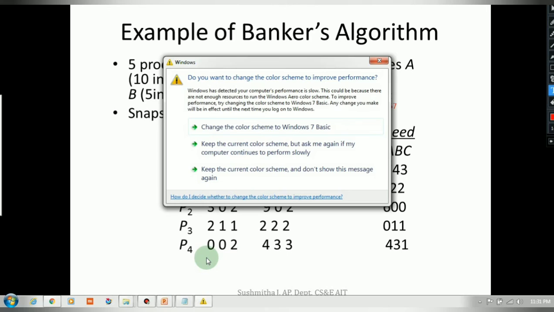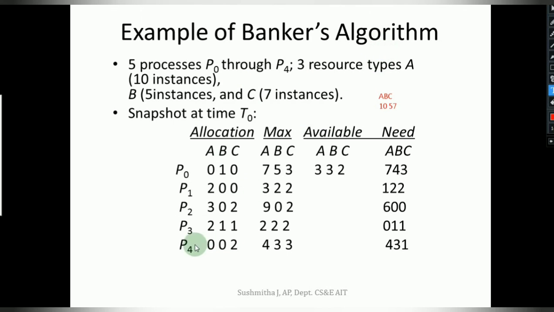Now let me just sum this up: 7, 2, 5. So the resources in the system are 10, 5 and 7. Out of 10, 5 and 7, there are 7 instances of resource A that are allocated among the processes P0 to P4.